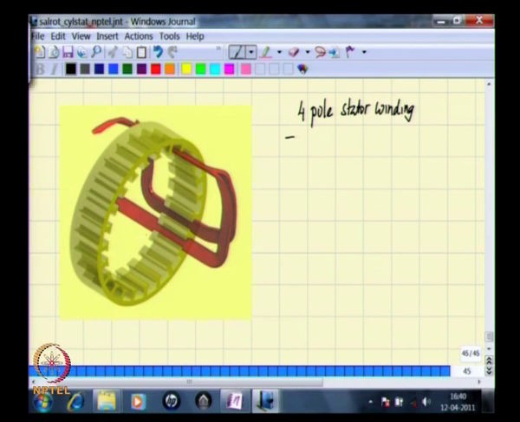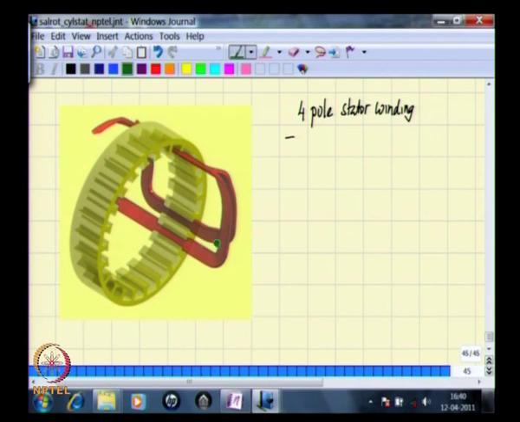So, we see here that the coil enters here, one side of the first coil, so to say, and then the coil closes with the other coil side.